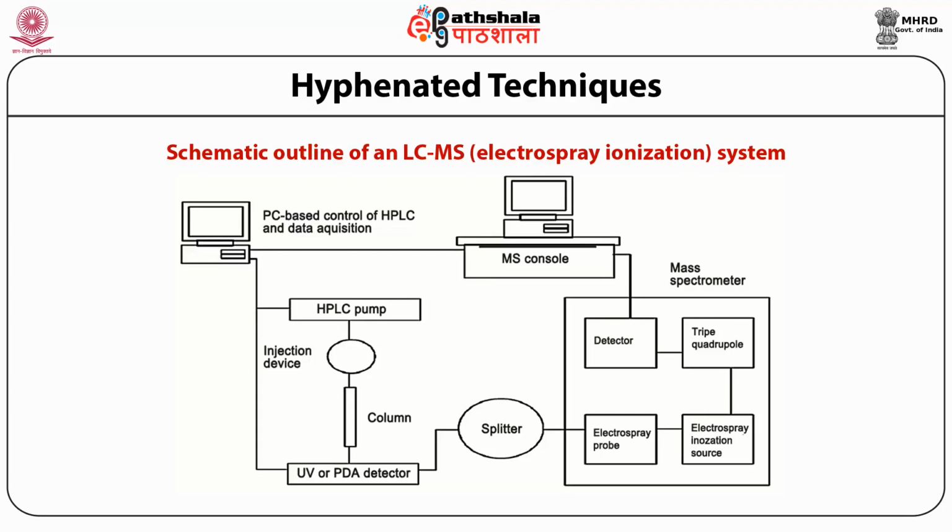They are initially detected by a UV or PDA detector, then carried forward to a mass spectrophotometer, which acts as a detector. Thereby it acts as a hyphenated technique called LCMS. The mass can be of any QTOF or ESI type.